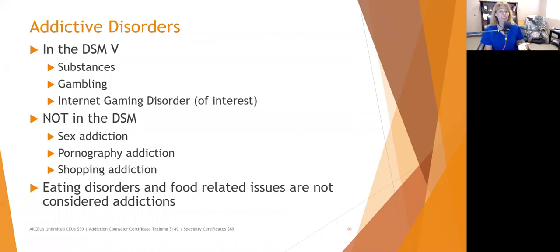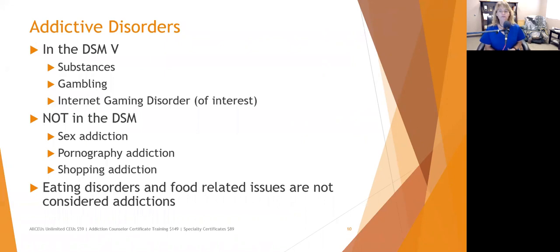There are things that are not in the DSM yet that we often see meet the criteria for addiction. I mean, you can look through the criteria and go, yep, this person meets all that criteria: sex addiction, pornography addiction, and shopping addiction. Those are three big ones. There are other things, but we do see these a lot.